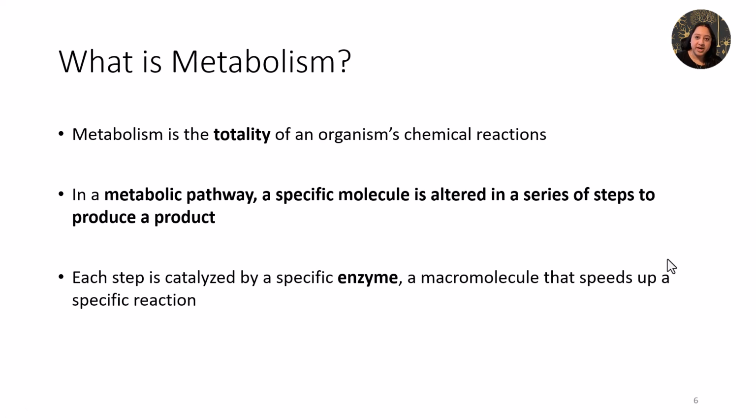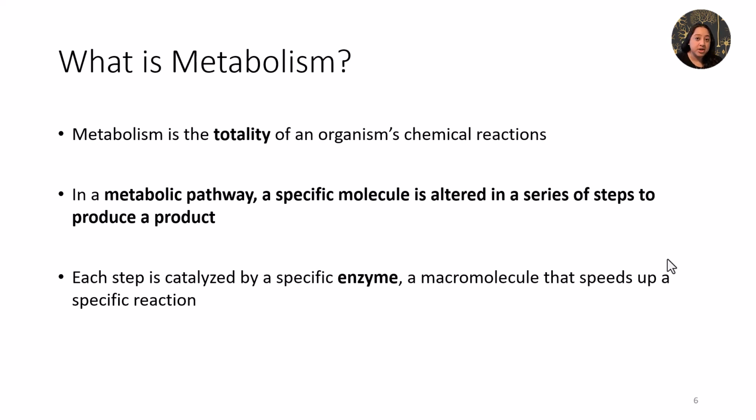So let's go back. What is metabolism and what is energy? Metabolism is the totality of an organism's chemical reactions. There are hundreds of thousands of chemical reactions happening inside of an organism. So the metabolism is all of the different reactions, the totality of all of them.